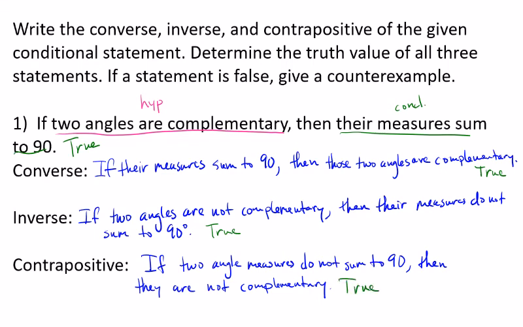All right, so here we have a situation where the truth value of all four statements is true. And this happens in the case of a definition, when you have something like complementary angles, it basically works both ways, right? For angles to be complementary, they add up to 90, and that's just by definition, so it works both ways.